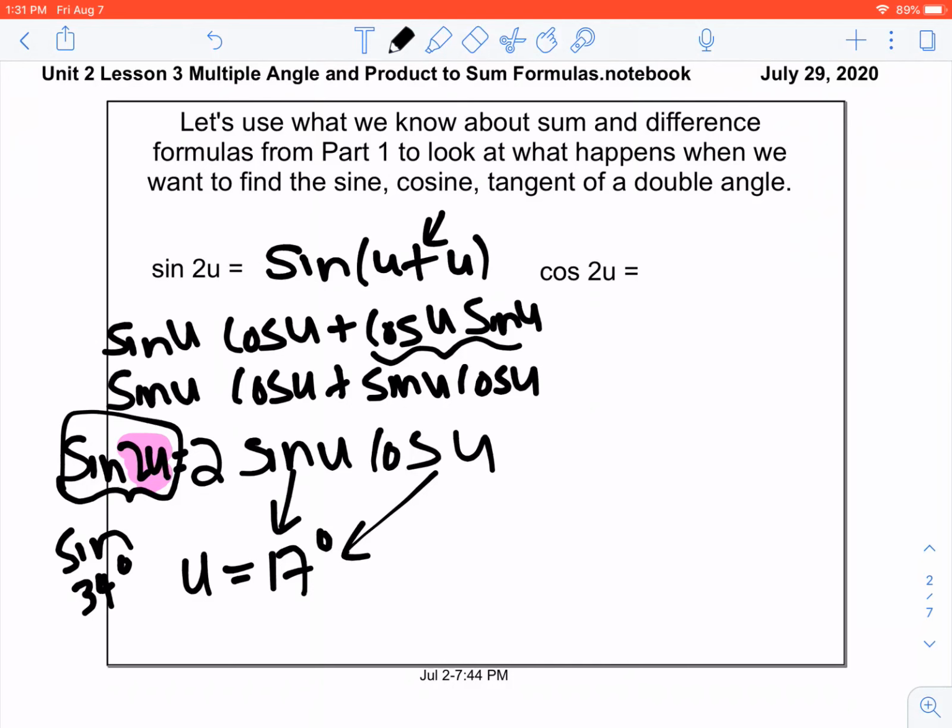So I'm able to find out information about an angle using essentially half of its angle. In notes, I call this the single angle, and we can use the single angle to find information about its double.